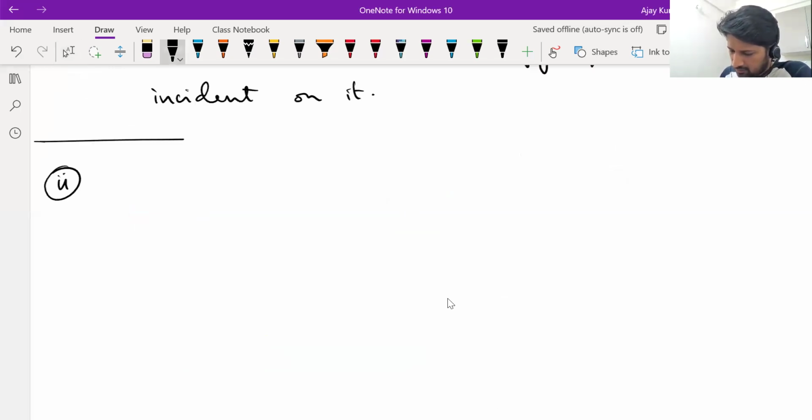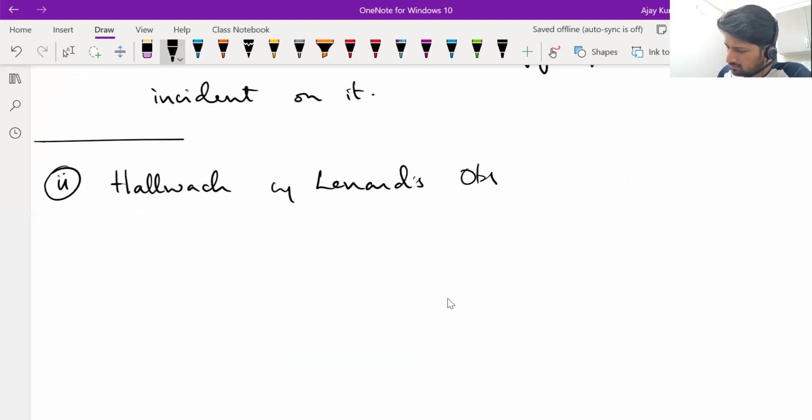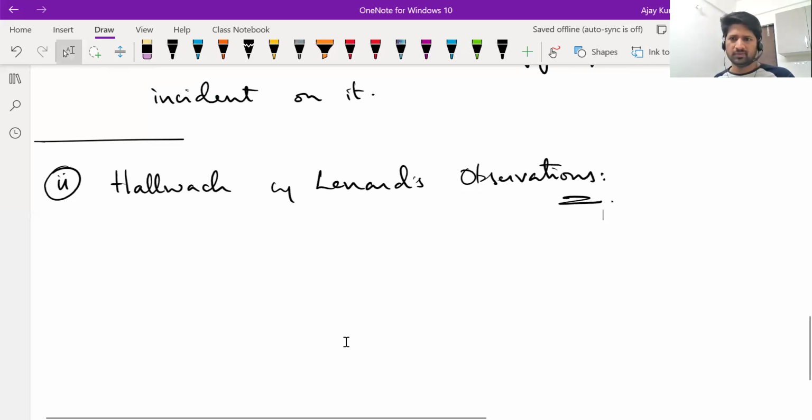Next is Hallwachs and Lenard's observations. Basically they conducted proper experiments on this photoelectric emission. What they did is they took a discharge tube. Discharge tube is basically a gas tube which is evacuated. Evacuated means nothing present inside it, no gas present inside it. So they took a discharge tube with two electrodes.